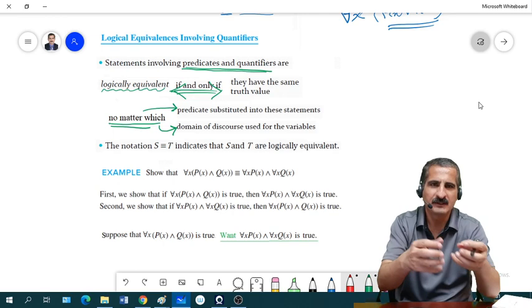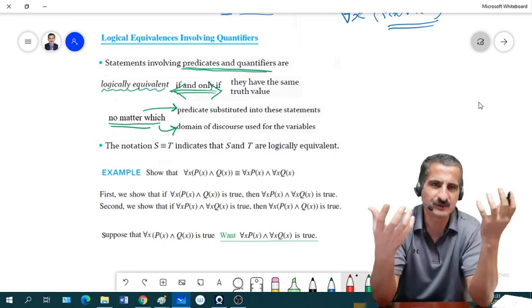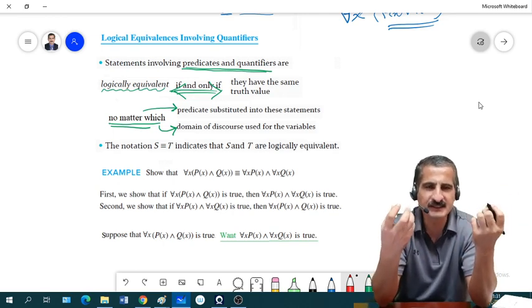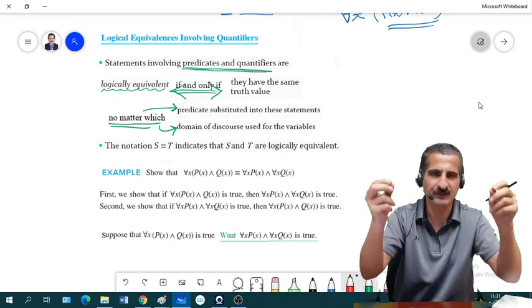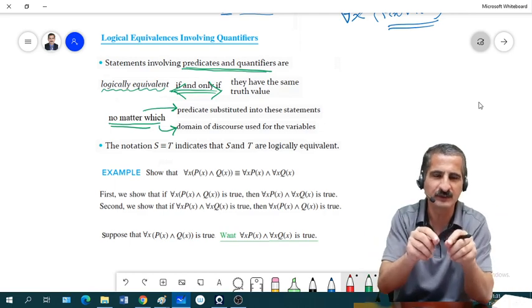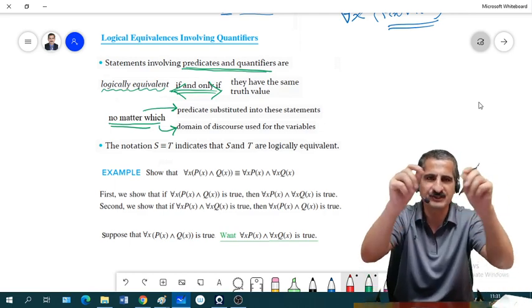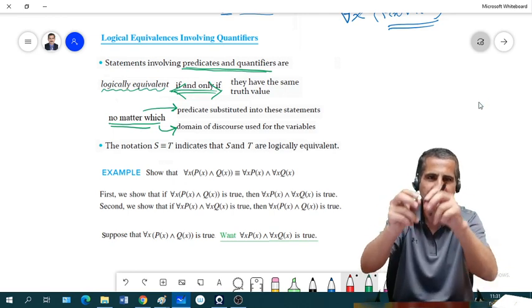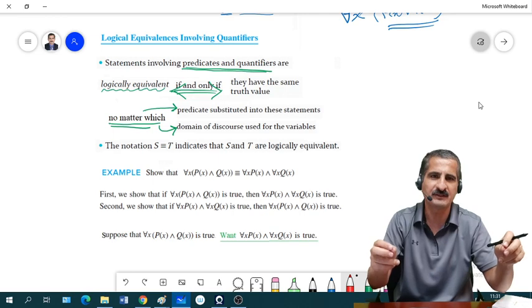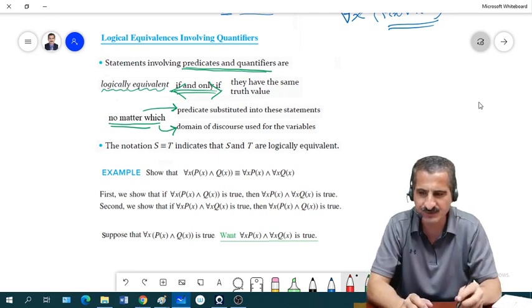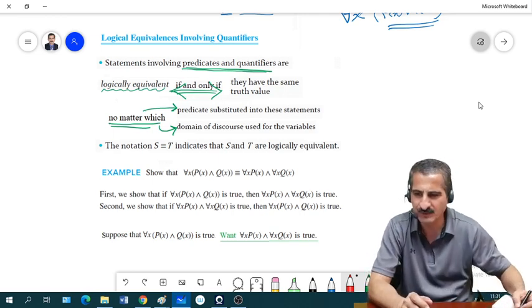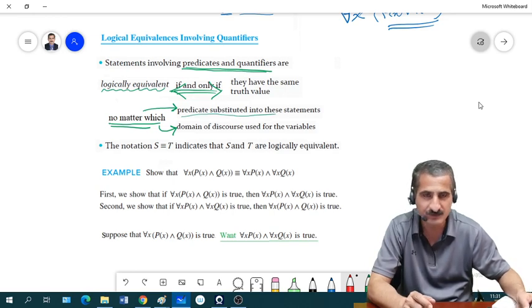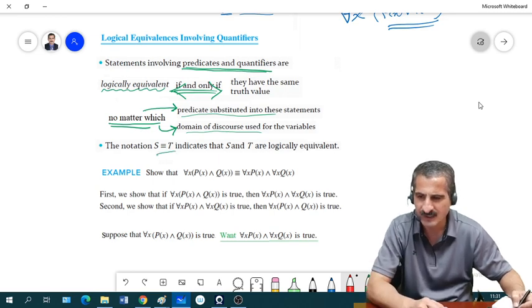I mean, if we have two equations, one equal to another, then it does not matter what we substitute for x here or here. If we substitute the same value for x here or here, we get the equality. Or if we substitute the same function here or here, we get the equality. So if we change the function, but every time we substitute the same function here and here, we still have equality. So this is what it means. No matter what predicate is substituted, this goes for the function. And domain, this goes for the variable. And this is the notation.